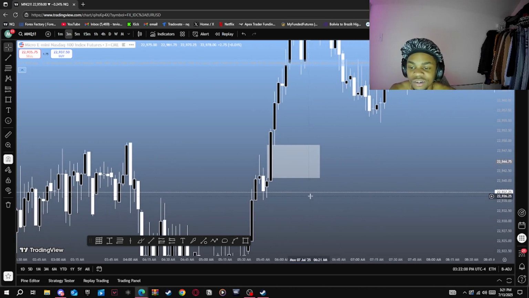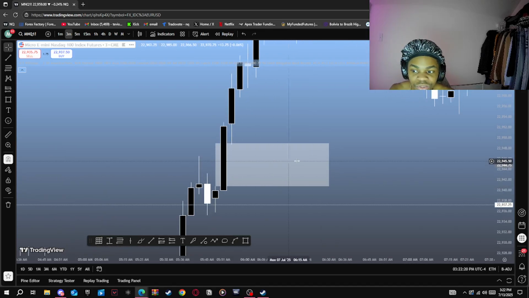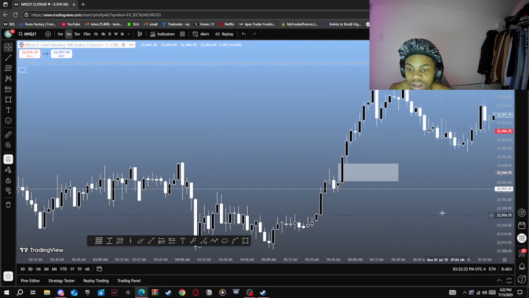To mark this out, what I looked for was the wick of this candle, and this is the first candle right here. We use the top wick, and then there's a second candle that's kind of just in the middle, and then there's the third candle where we use the bottom wick, and this is referred to as a bullish fair value gap.